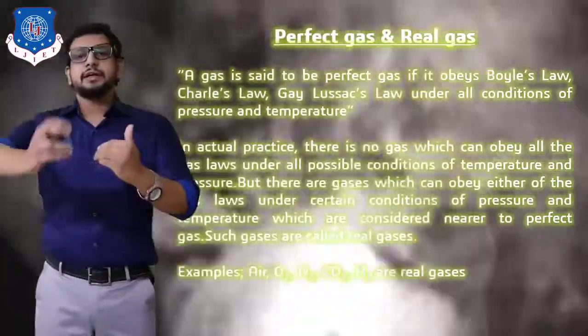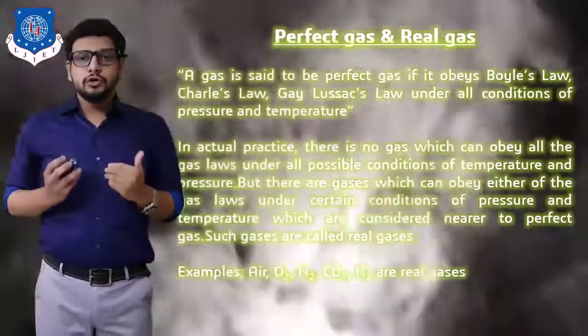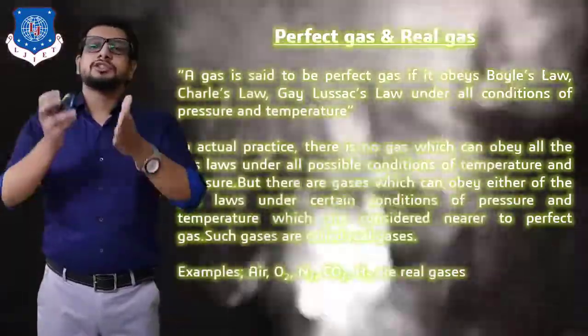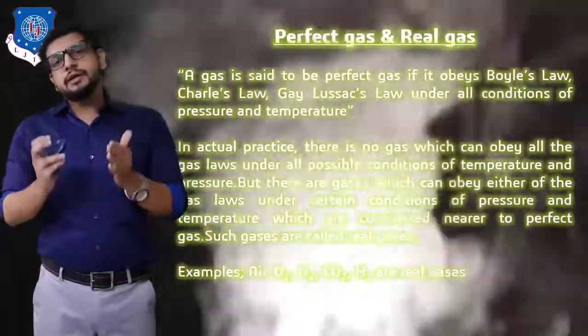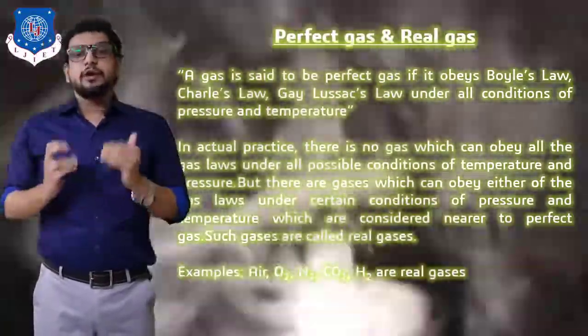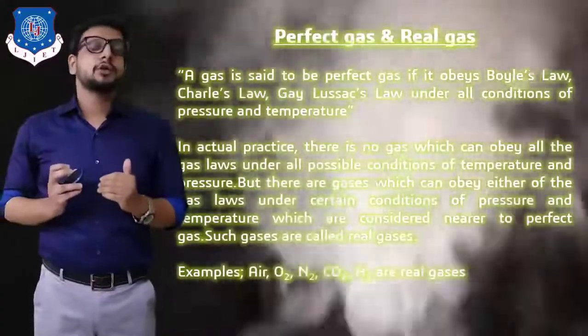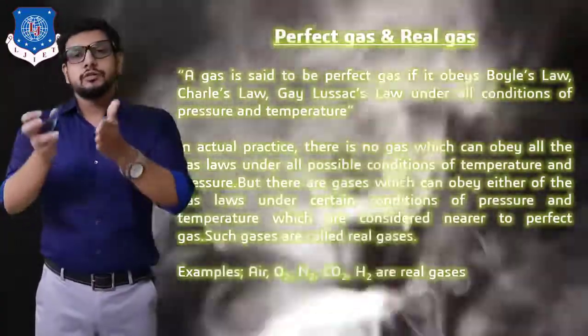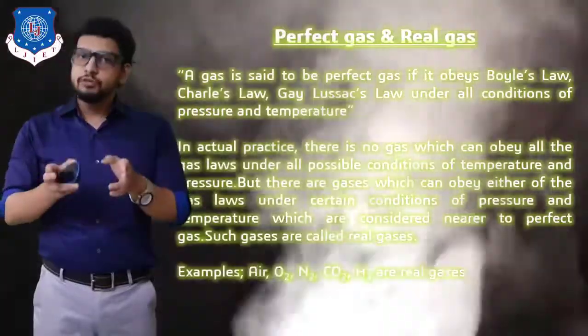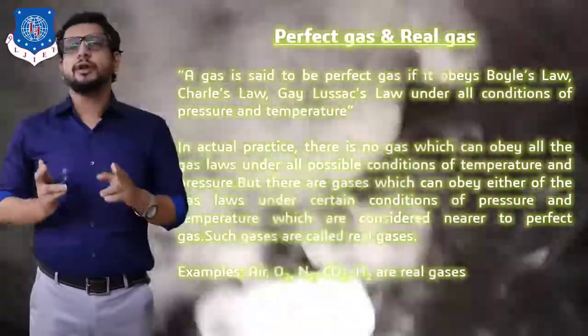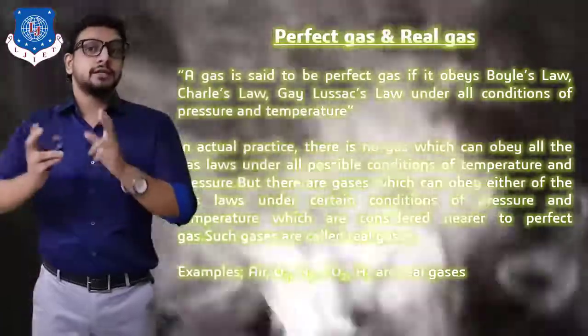But taking a simple case, in Boyle's law it is required to maintain a constant temperature. In Charles' law, it is required to maintain a constant pressure. Whereas in Gay-Lussac's law, it is required to maintain constant volume. But we know in actual practice, pressure, volume and temperature, all three parameters change simultaneously.